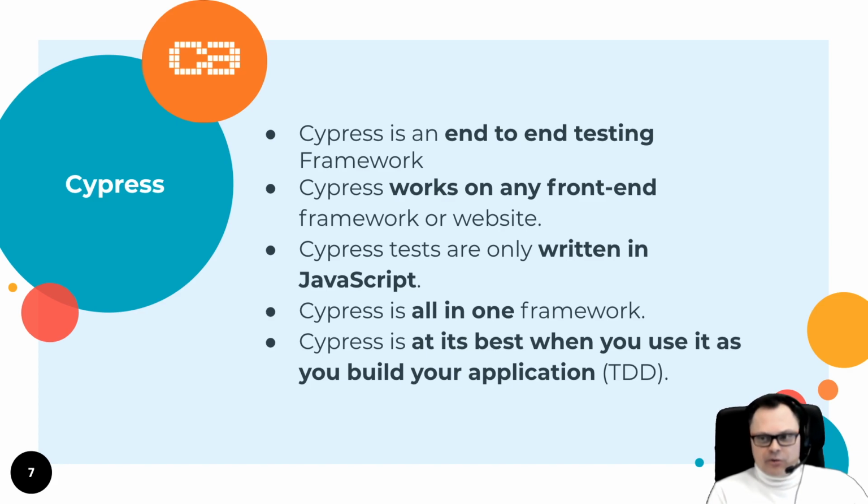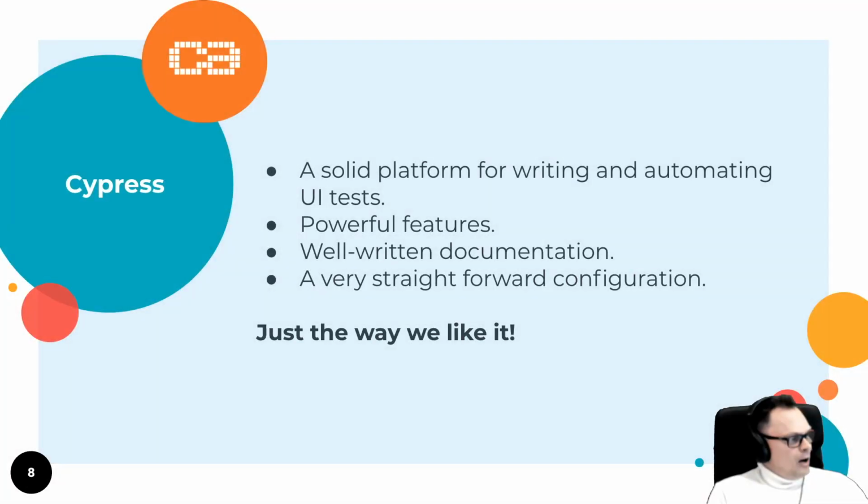You can run everything through Cypress and get exactly what you would see in the browser, but much more, like automated tests and an answer to the question, is my application actually doing what I want it to do? Very solid platform, and so on and so forth, just the way we like it.